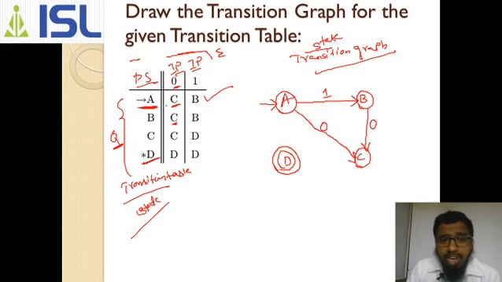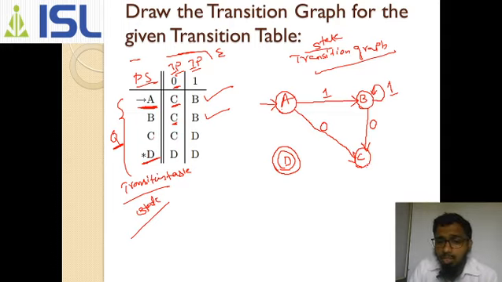Next, B to B when the input is 1. So B to B, like this loop, is 1. When the 1 is there, it is going B to B. Next is C. From C to C when the input is 0.